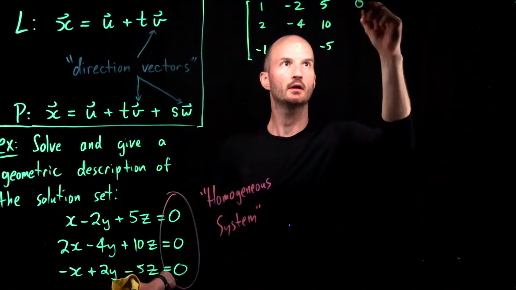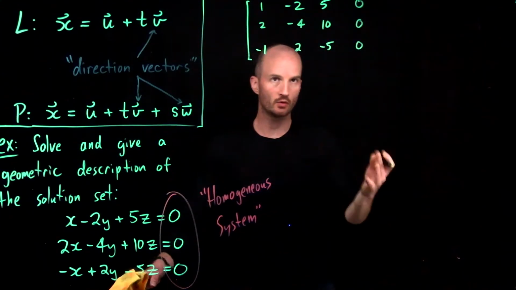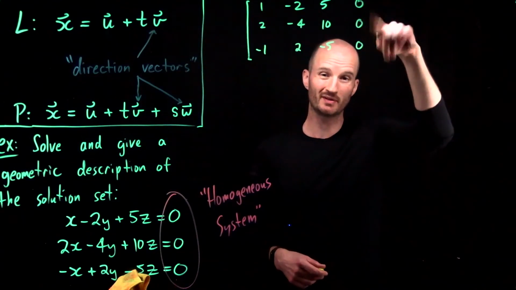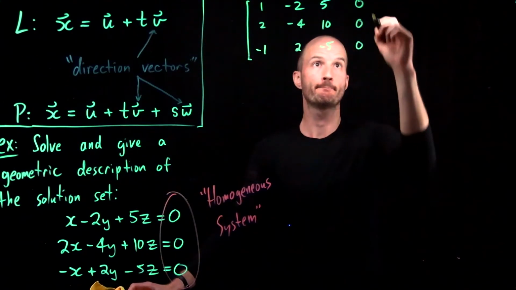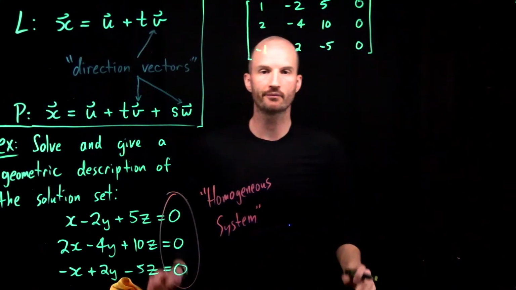Now, I have 0, 0, 0 here. In the future, when you get more practiced with these things, you don't actually need to put these zeros in your matrix because as I row reduce, they're not going to change.